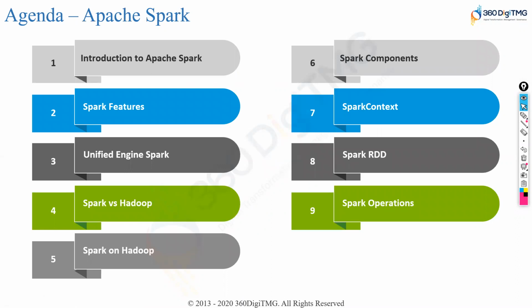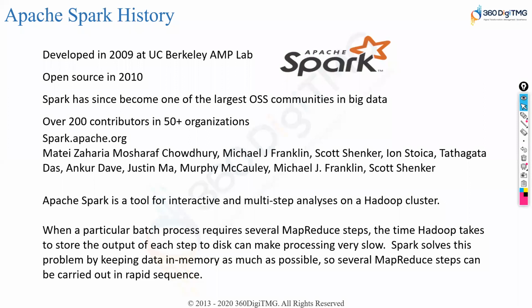We are going to understand in detail the various capabilities Spark has. So let's proceed. If I look at the history of Spark, it was made open source in 2010, even before Sqoop, which was released in 2011. Spark is prior to that.